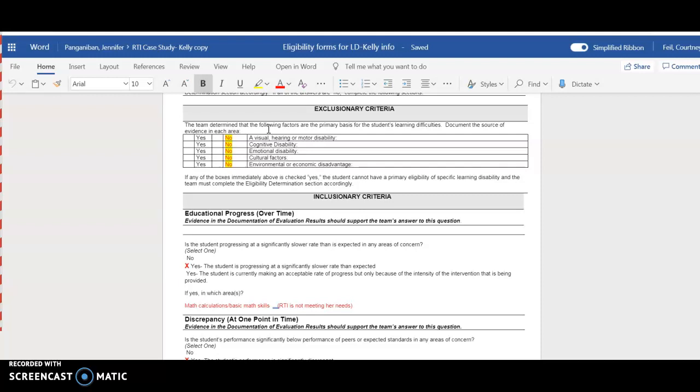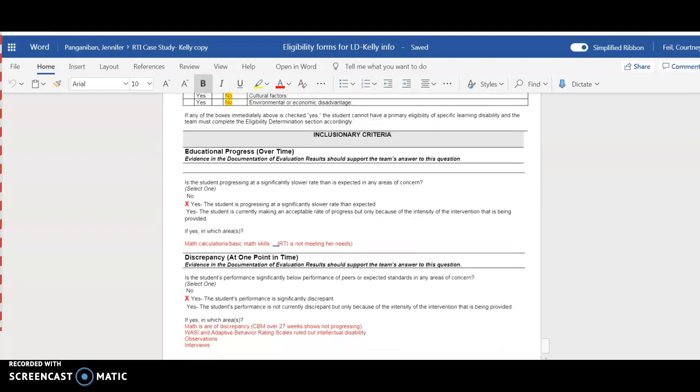If any of these boxes were checked yes, then the student cannot have a primary eligibility of specific learning disability. That's mainly because if you checked any of the top 3 boxes, you're basically saying that the student does not have a specific learning disability, but that they have a cognitive disability or an emotional disability. And then if that was the case, you would complete the eligibility paperwork for all other disabilities.